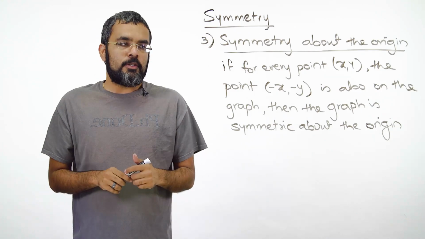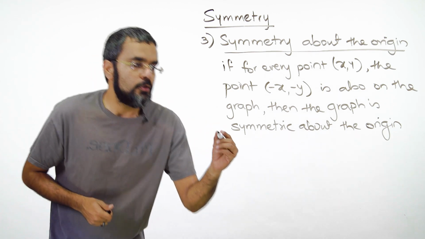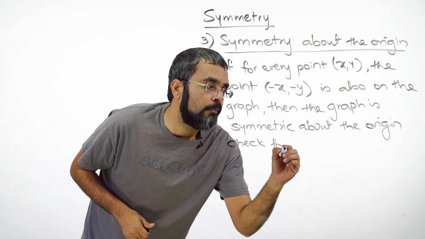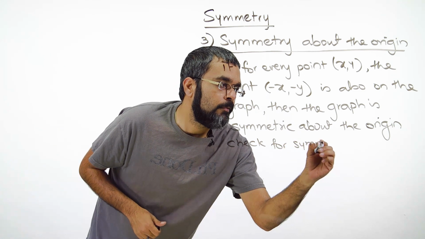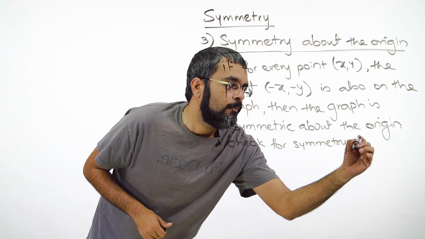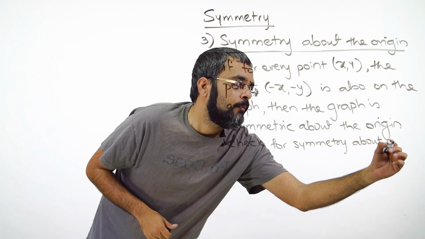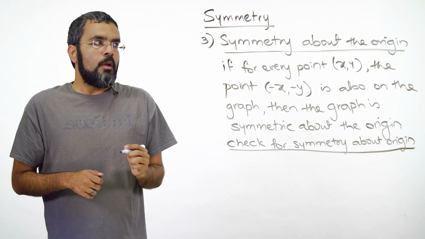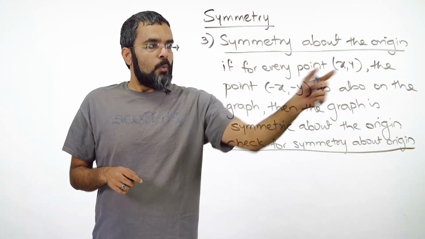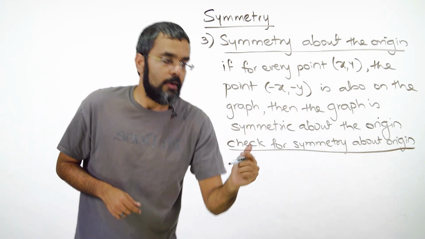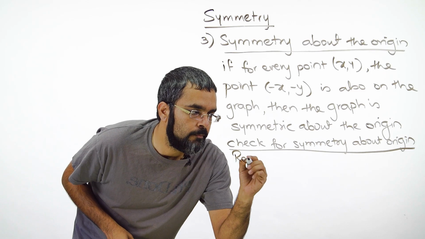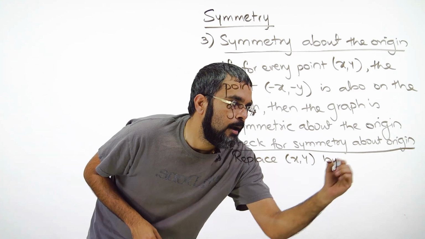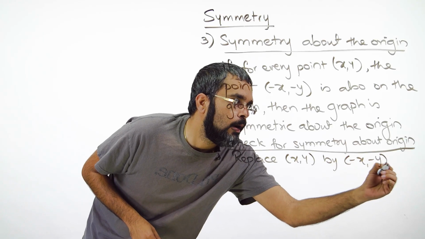So how do we check for symmetry about the origin? To check for symmetry, what we do is we replace the point (x, y) by the point (-x, -y).